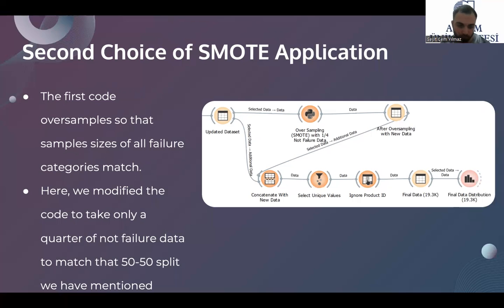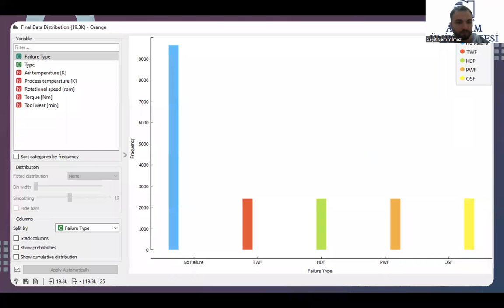In the 50% failure data, each categorical failure type has 12.5% distribution.